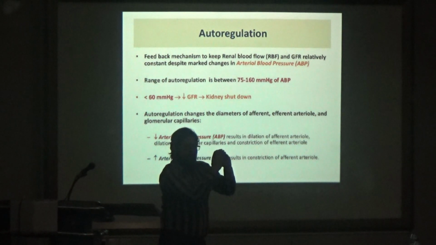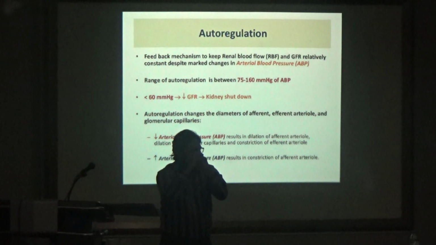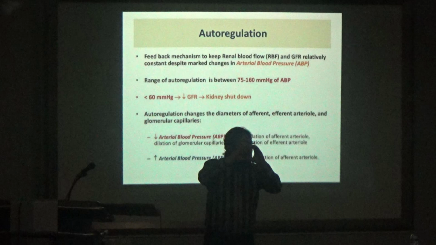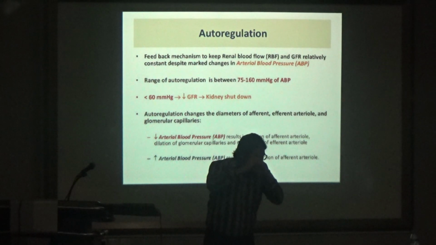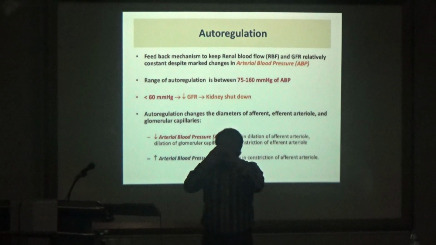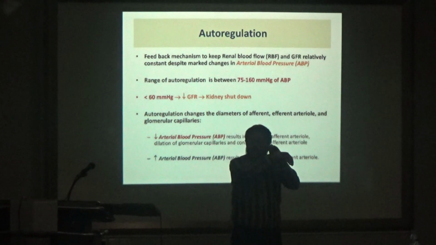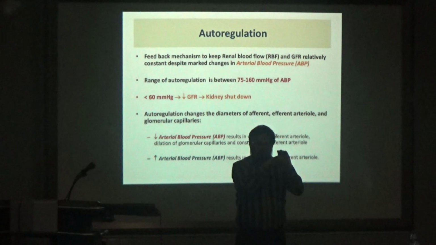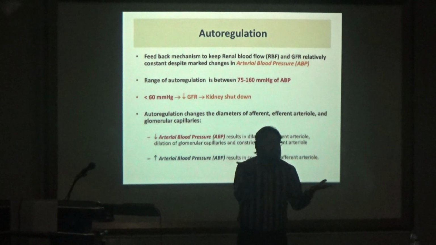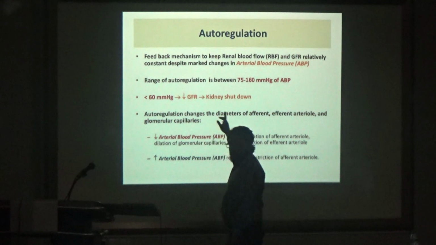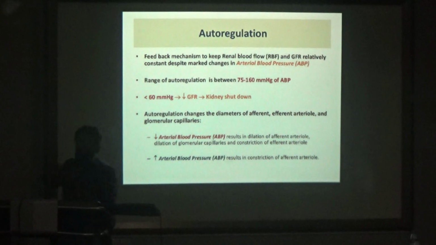Whenever they sense that pressure is high, they automatically constrict. By this constriction, less blood comes to the glomerulus, so you can manage the GFR at a constant rate. That's why we have shown it here.